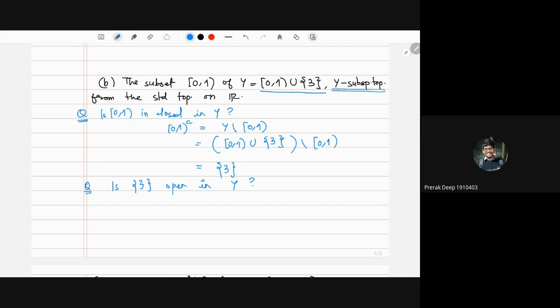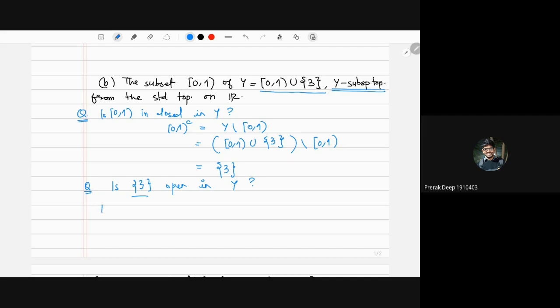So can you find an open subset in R such that the singleton {3} is the intersection of that open subset in R with Y? Then we will say that {3} is open in the subspace topology. Let me write that down.